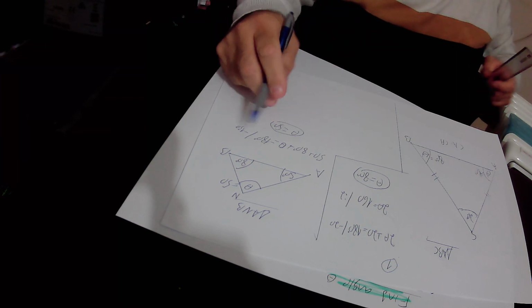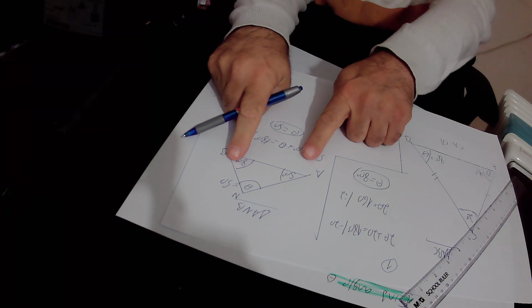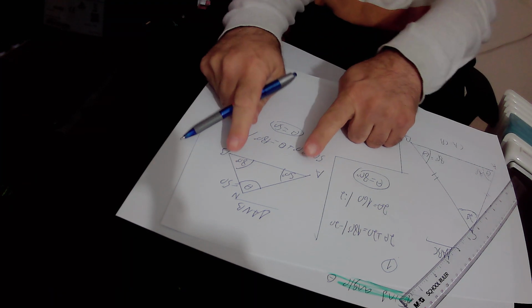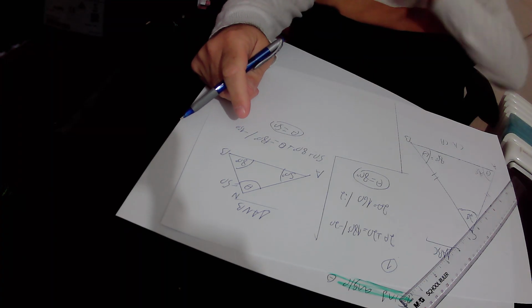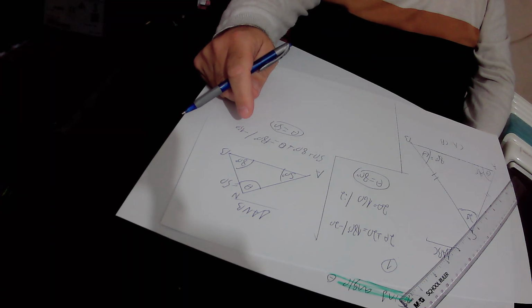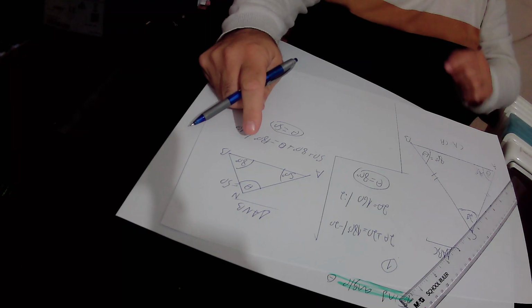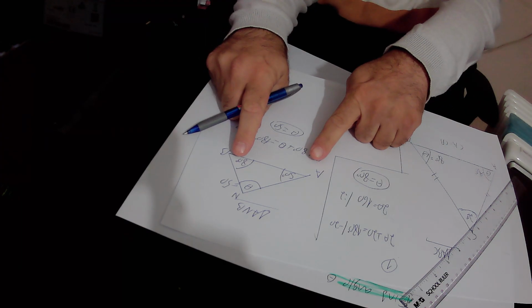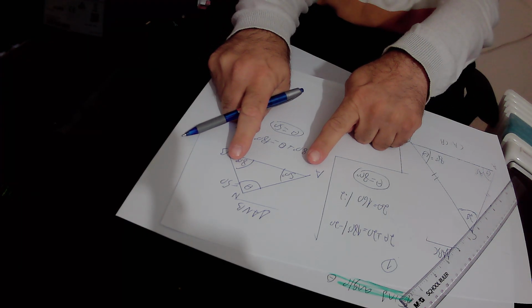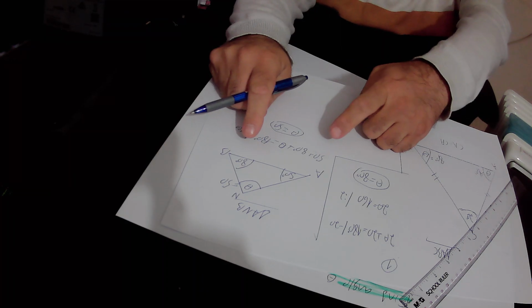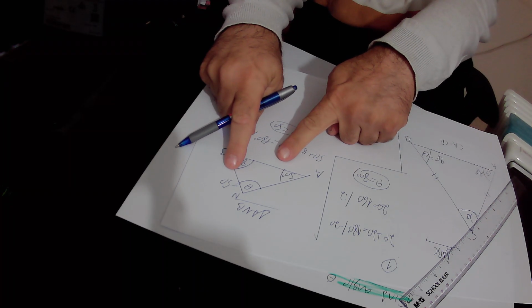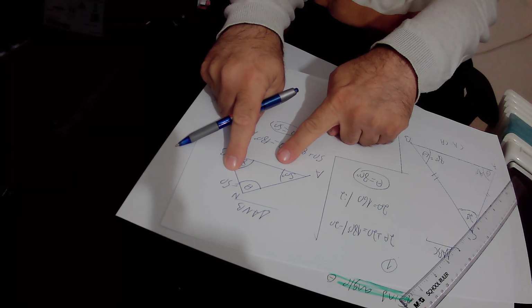In triangle ANB, we have those two angles that are both equal to 50 degrees, therefore they are equal to each other. And we have the rule that in front of equal angles in the triangle, there are equal sides. So in front of those two equal angles, we have those two sides that must be also equal to each other because they are located in front of equal angles.